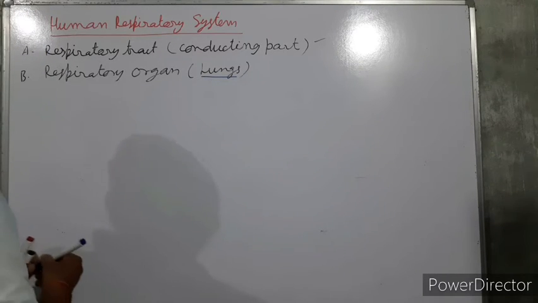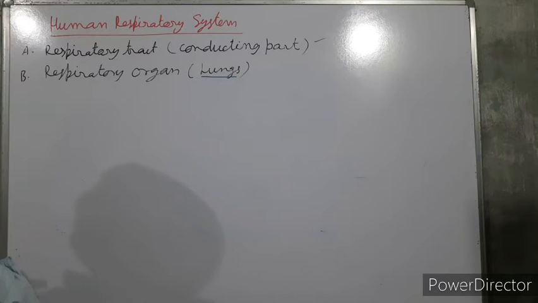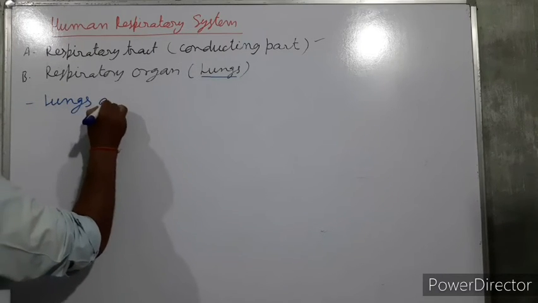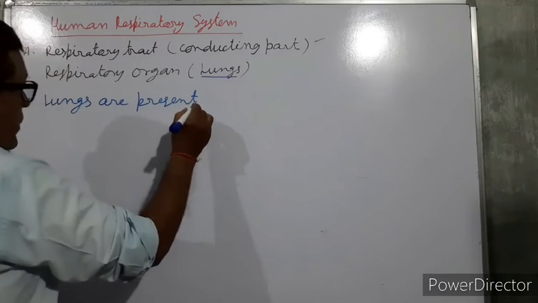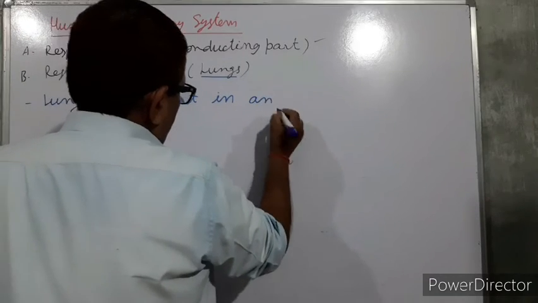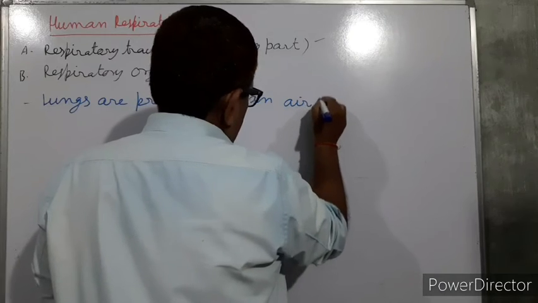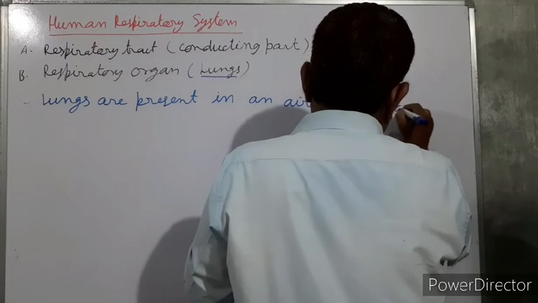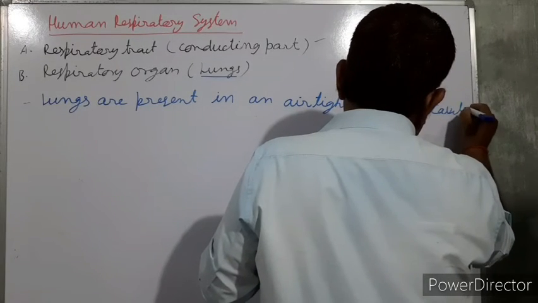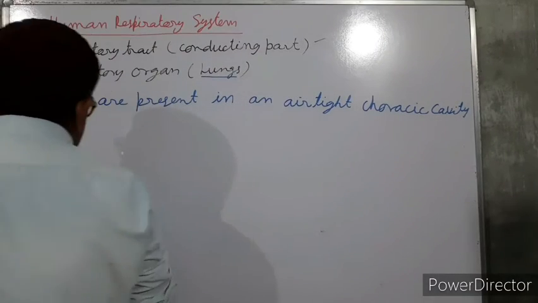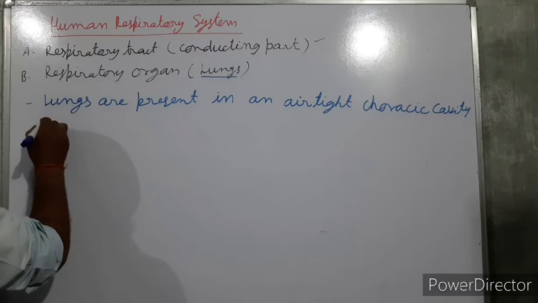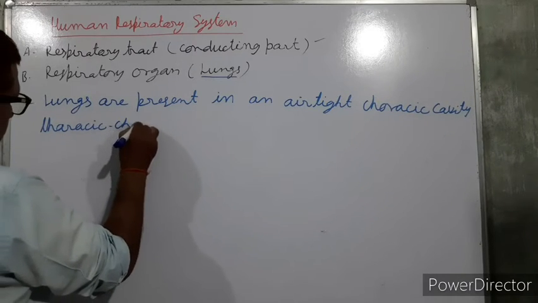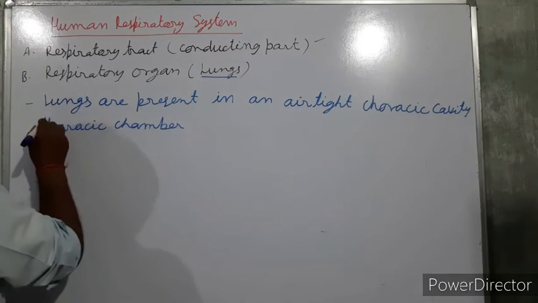A pair of lungs. So lungs are present in an airtight thoracic cavity, which is also called the thoracic chamber.